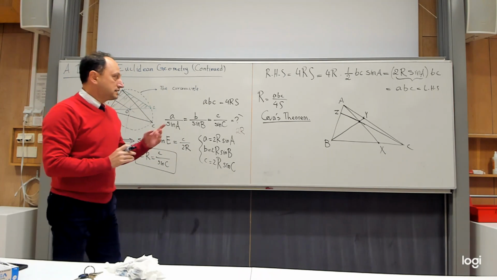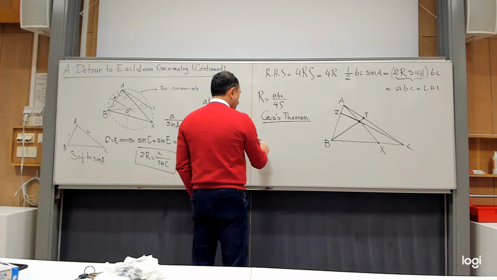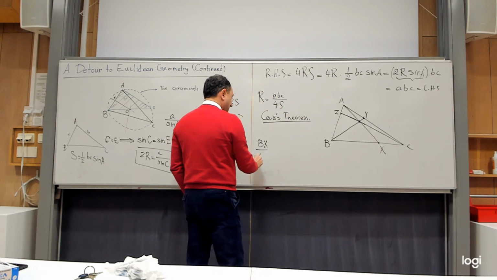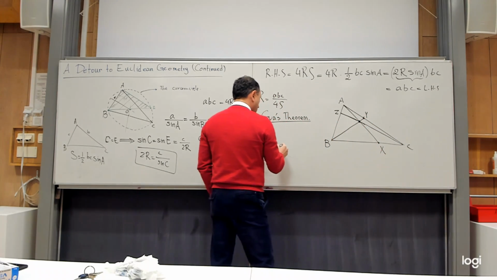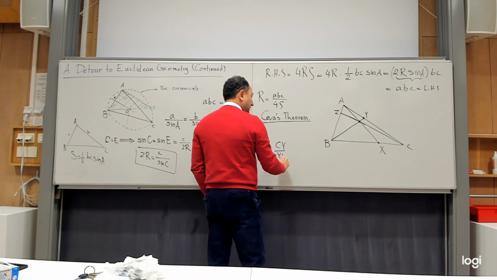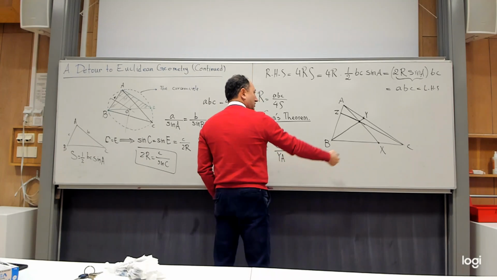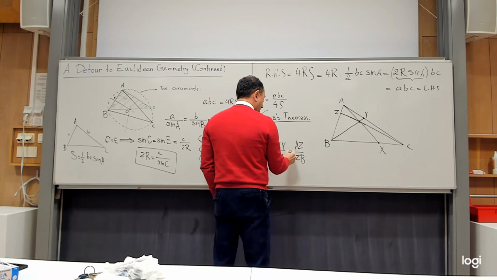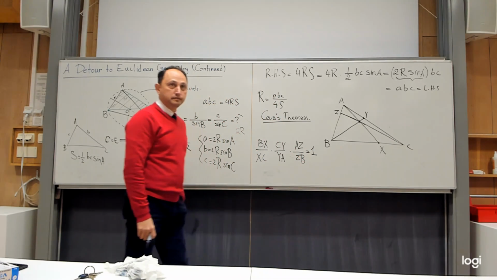Yes? Ceva's theorem tells you that if you measure BX from here to here and then divide it by XC, and then you measure from C to Y and divide it by YA, and then you measure AZ in a circular way, and then divide it by ZB, and then multiply these 3 numbers, this is always exactly equal to 1.